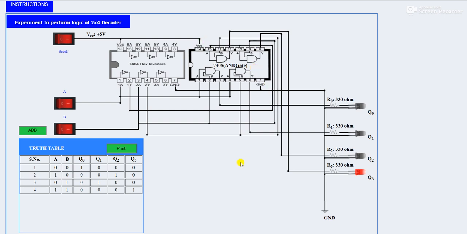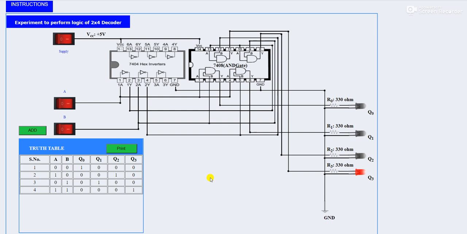You have to apply only the power supply, provide the values to A and B, and according to that you will get your outputs at Q0, Q1, Q2 and Q3. I hope you understand the working, the block diagram, the truth table of the 2 to 4 decoder, and the simulation of the same with the help of the inverter and AND gate ICs.